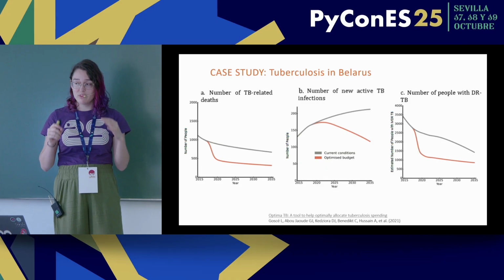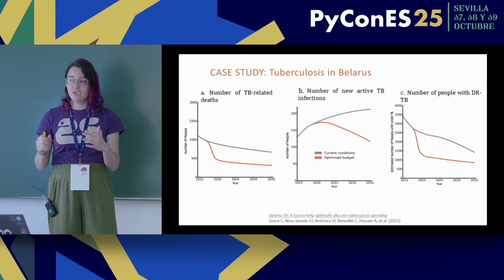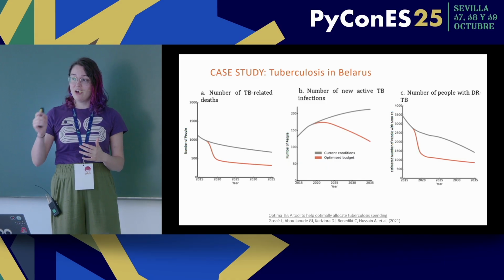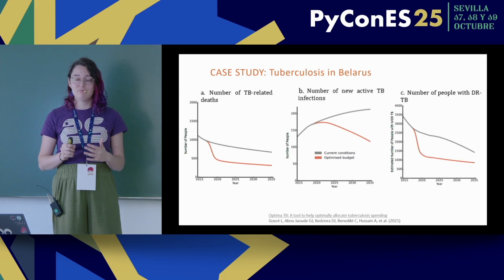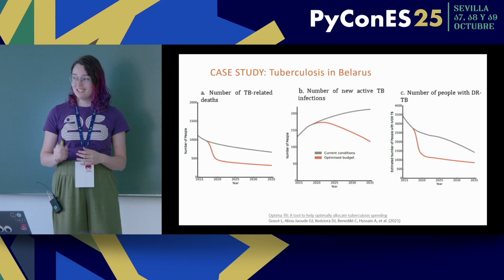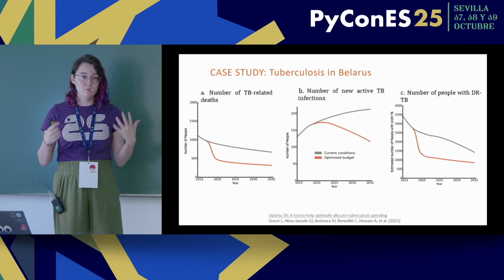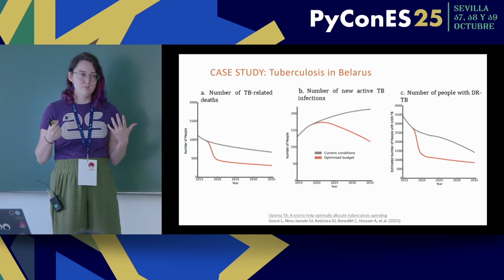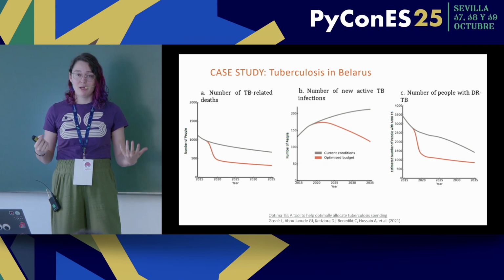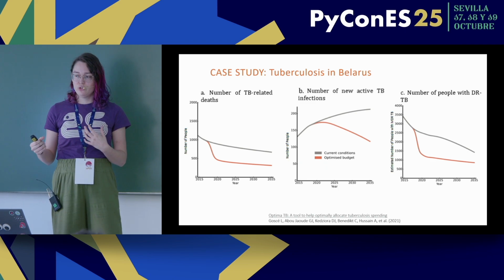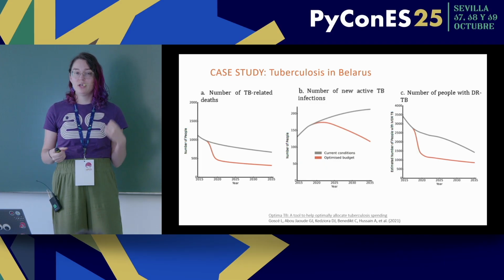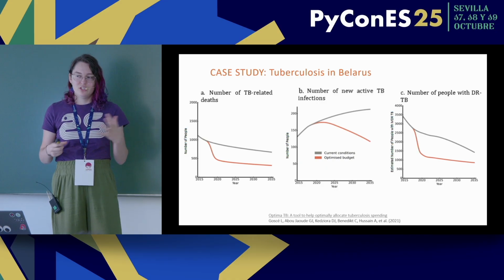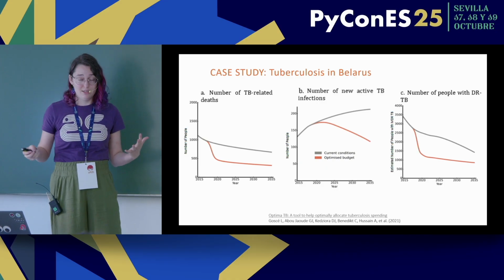With the same amount of money, they managed to halve the amount of tuberculosis deaths and halve the amount of active TB infections, and also decreased drug resistance, because the more people are infected, the more drug resistance. I think that really speaks to the power of these mathematical modeling tools, that we're able to find the optimal way to tackle these problems that are so complex that if we were just going to do it by hand, it would be completely impossible.